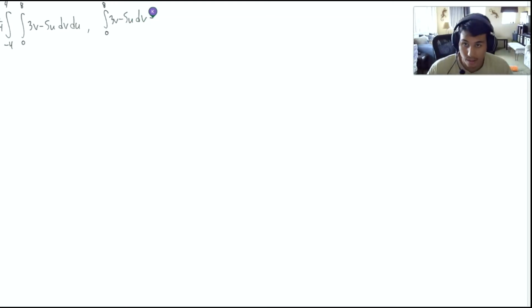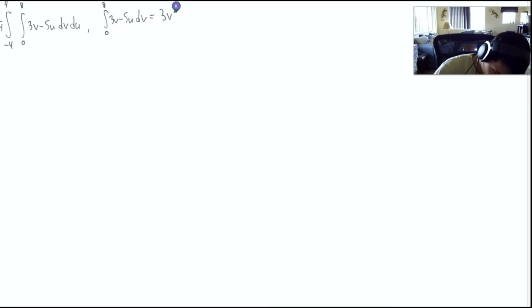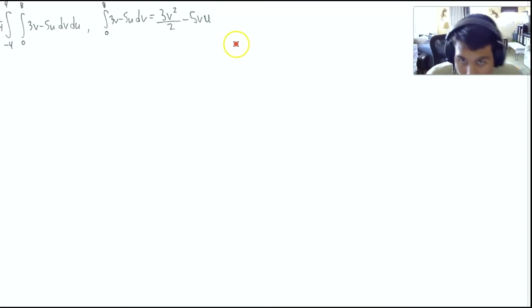Forgive that really ugly looking 5. That's a sin, how bad it looks. 3v squared minus 5uv. Okay, I wrote it as 5vu here. Same thing, 8 to 0.